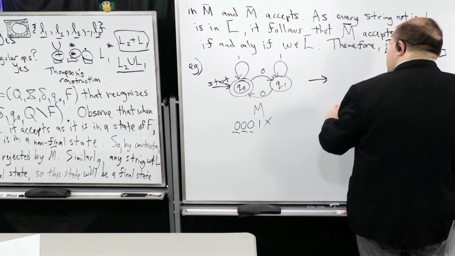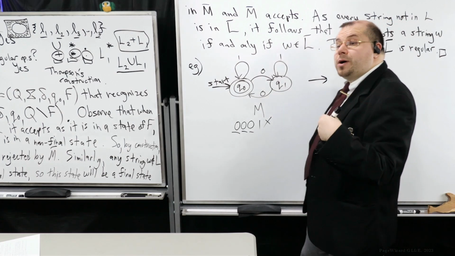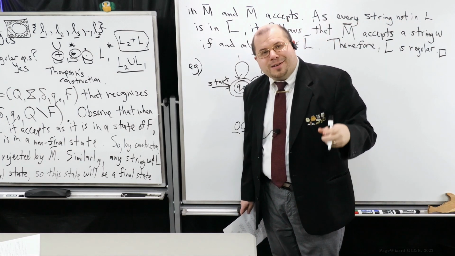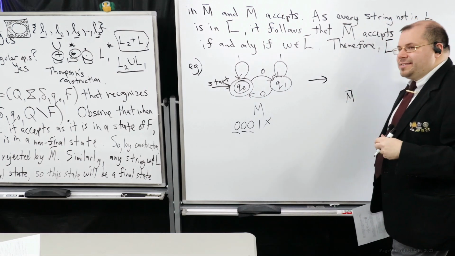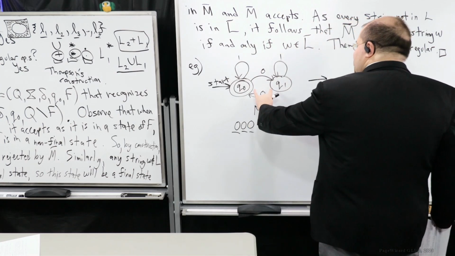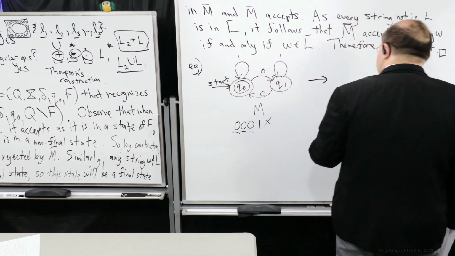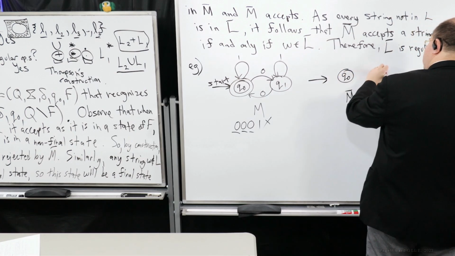So if I wanted to get my M prime in the proof, all I do is take all of what used to be final states and make them non-final, and assign all the other states of the original DFA to be final states. In this case, I'm going to swap which ones are the final states. Q0 is now non-final.